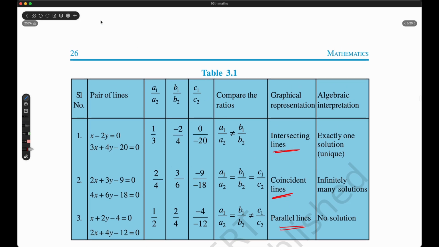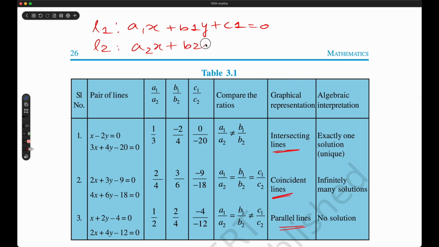If we take the equation of line 1 as a1x plus b1y plus c1 equals 0, and the equation of line 2 as a2x plus b2y plus c2 equals 0, then if the two lines are intersecting lines, that is L1 and L2 intersecting at one point, the coefficients will be of the form a1 upon a2 not equal to b1 upon b2.